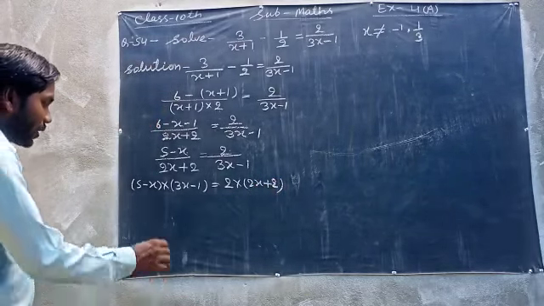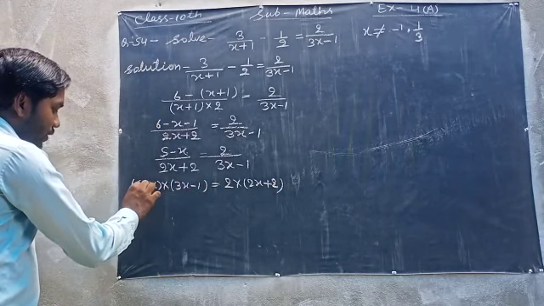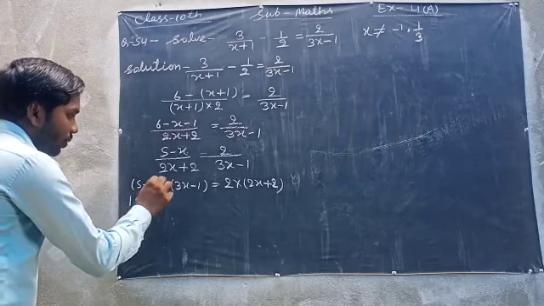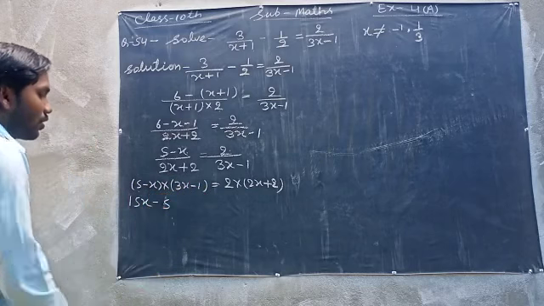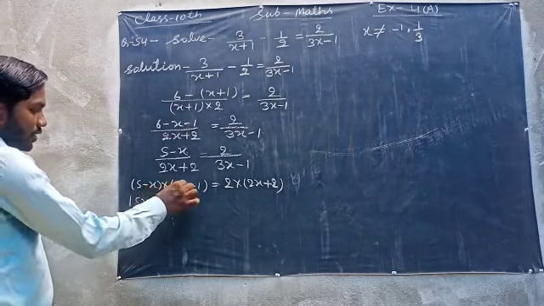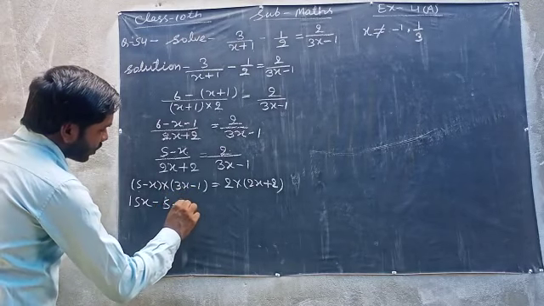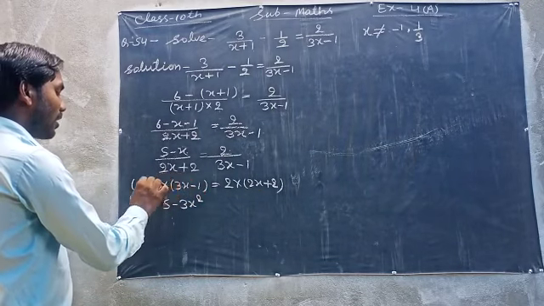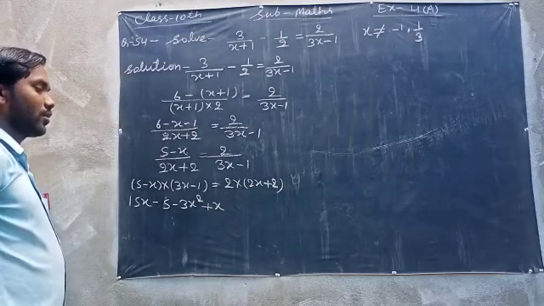Now let us do multiplication. First of all, we will multiply by this 5. So 5 3s are 15x minus 5 1s are 5. After that, we will multiply this one. Minus x into 3x will be minus 3x square. And minus x into minus 1 will be plus x.